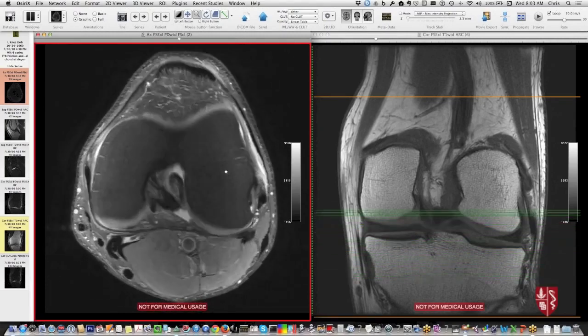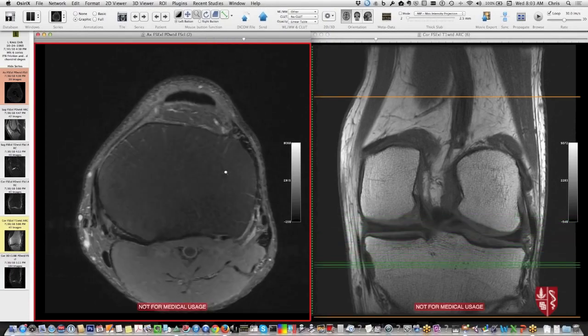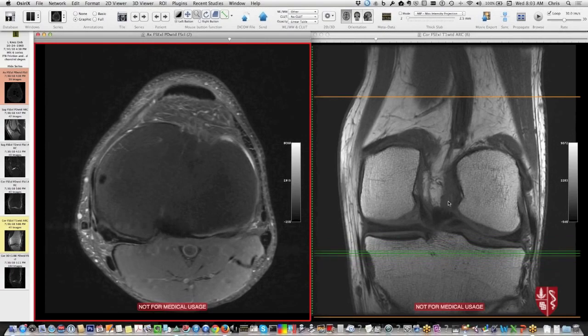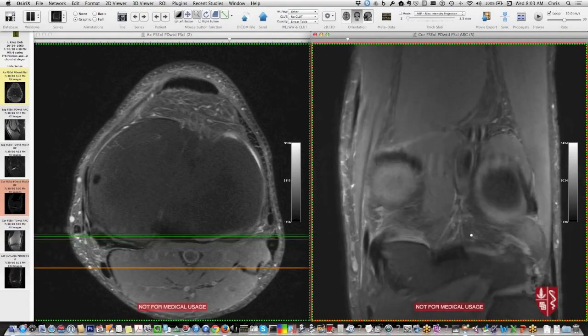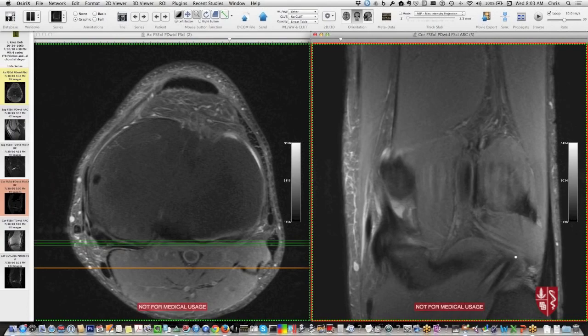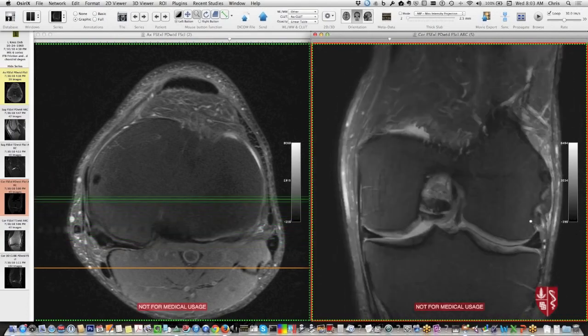One structure I haven't mentioned so far, because it's not that critical and it's not injured that often, is the popliteus muscle and tendon, the structure that goes posteriorly along the back of the knee. This tendon is coming up and wrapping around, and it's inserting into the neck of the cameo, right in here.